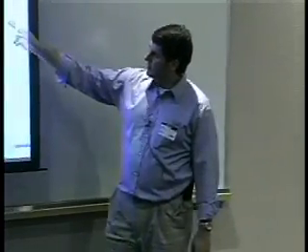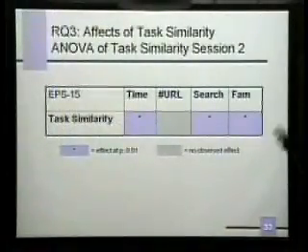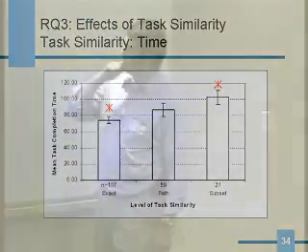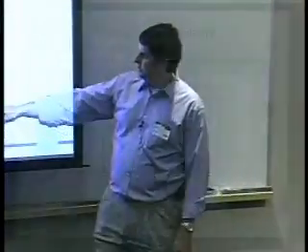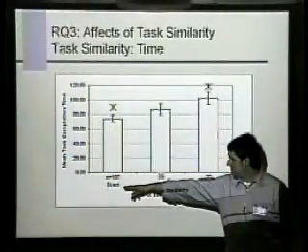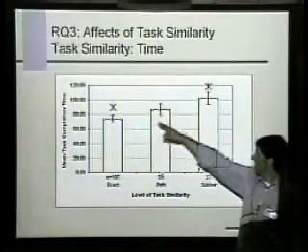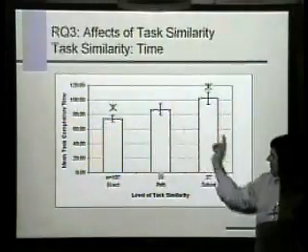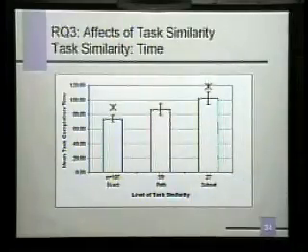We found that time, search, and familiarity were all significantly different. So I'll drill down into one of these. We'll look at time. The exact tasks were significantly different from the subset tasks, but neither were significantly different from the path tasks in terms of time.